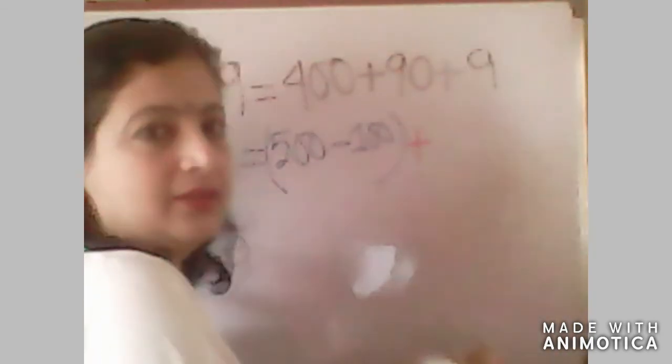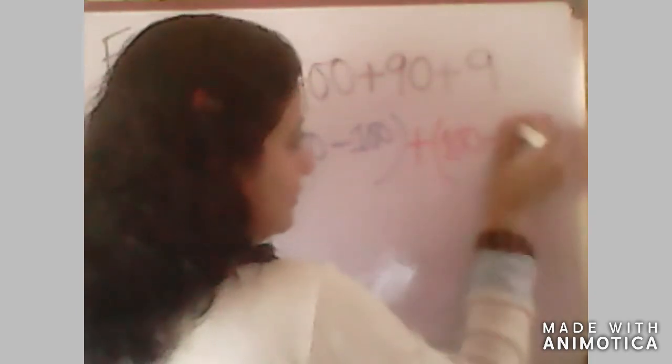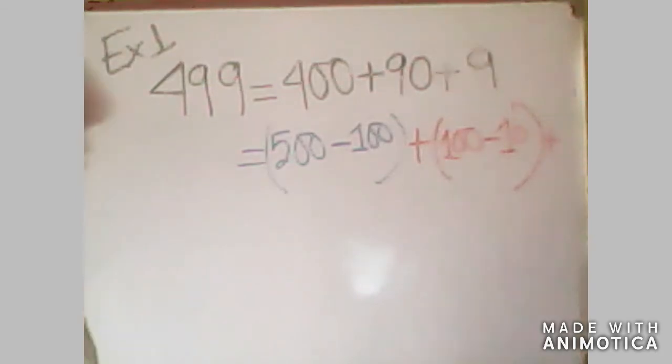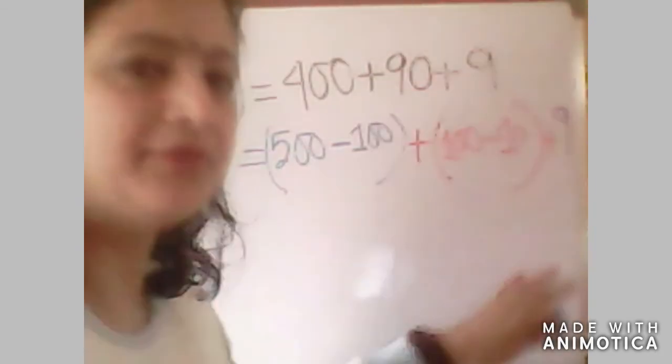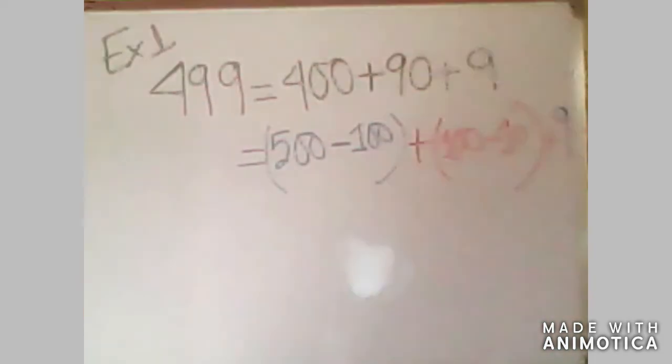So 100 minus 10 is equal to 90. Then we are writing 100 minus 10, that is equal to 90. Plus 9. 9 is also in that format, but we have already seen how to write 9, that's why I am not writing it here.